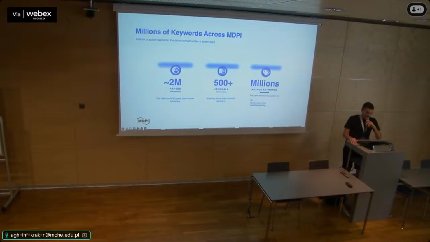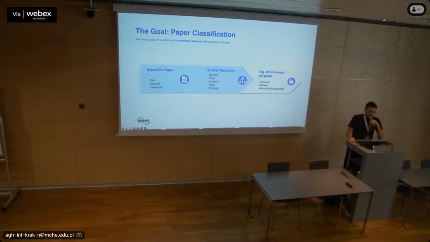So you can well imagine how many major scientific disciplines we're covering. A paper is composed of a title, abstract, full text, and also author keywords, which is the starting point of my talk and my project. So the real goal was paper classification.